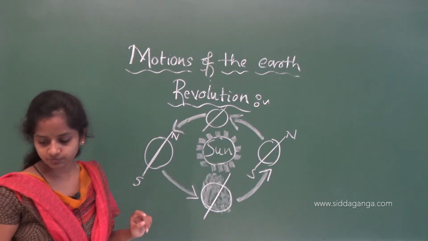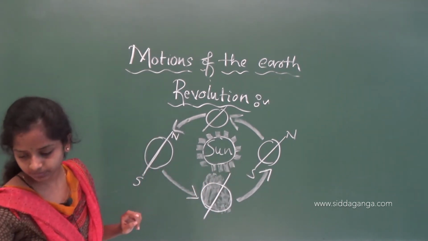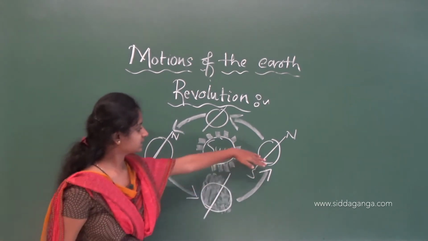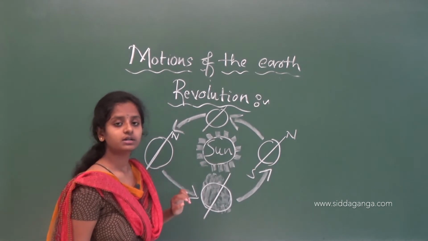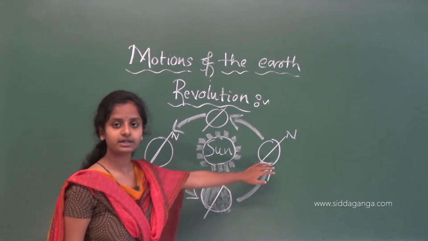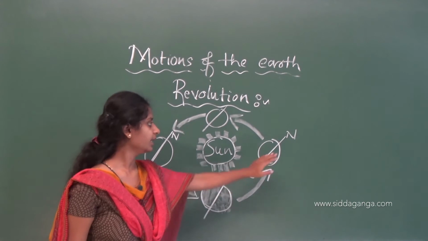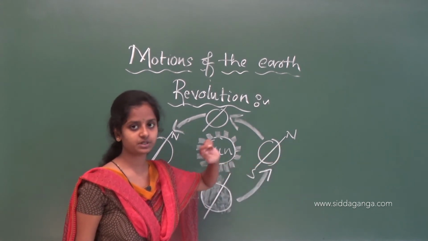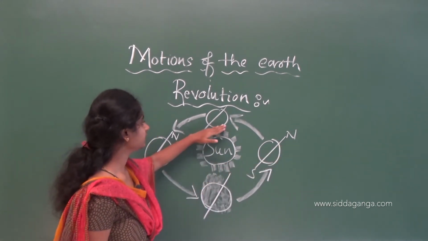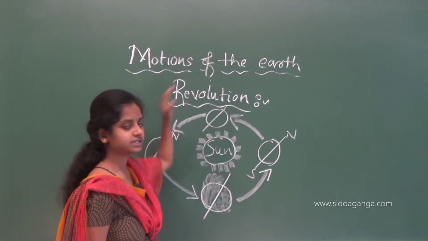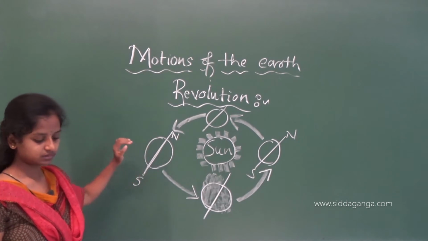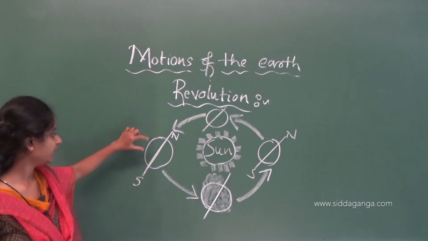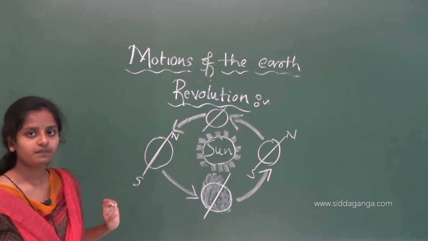That is why the southern hemisphere receives light and experiences summer, and the northern hemisphere experiences winter. Similarly, here it is autumn and this side it is spring, and here the northern hemisphere will experience summer and the southern will experience winter.